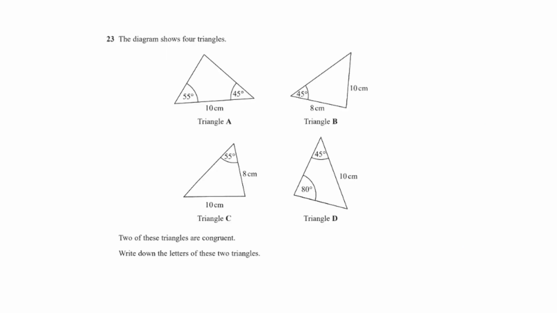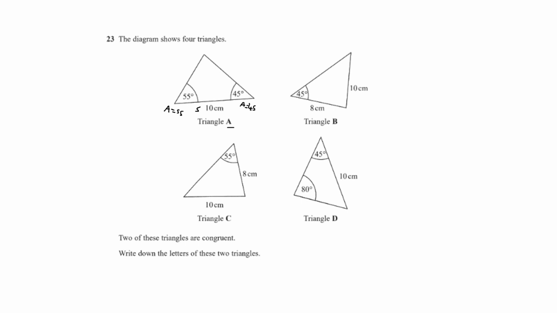For this one, we're told 4 triangles and we have to identify which 2 of them are congruent. Well, let's take a look, shall we? Here, for triangle A, we know that we have an angle of 55, a side of 10, and an angle of 45.